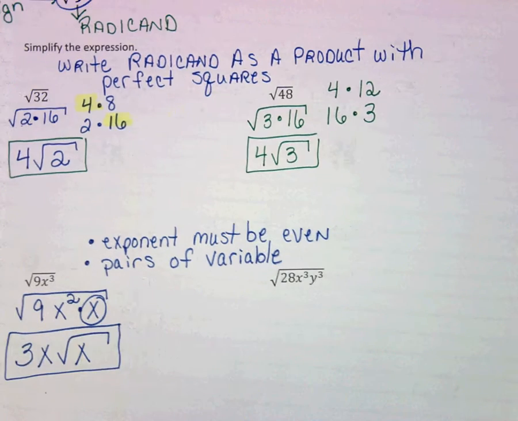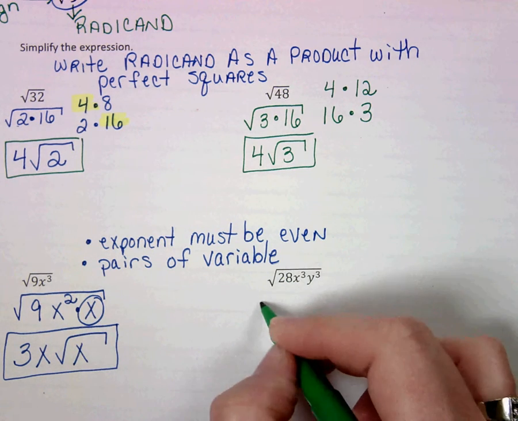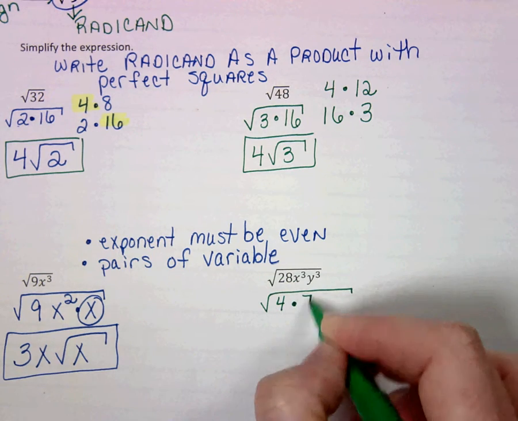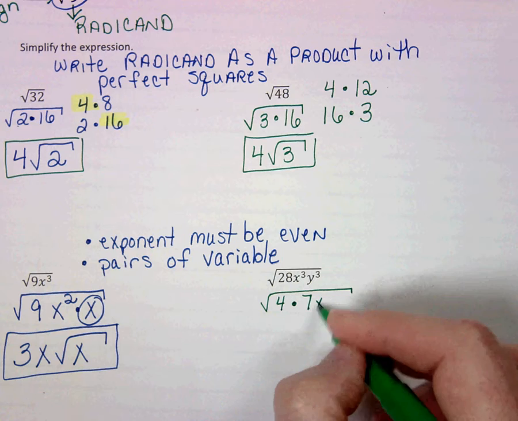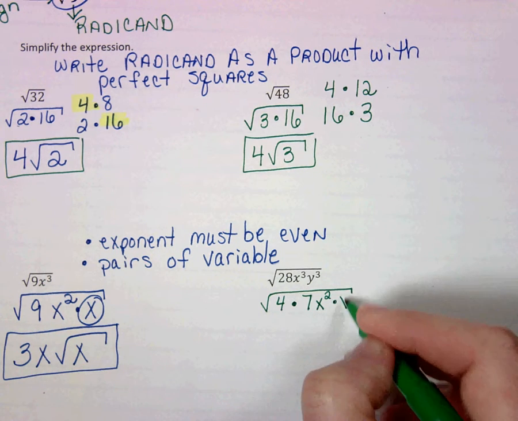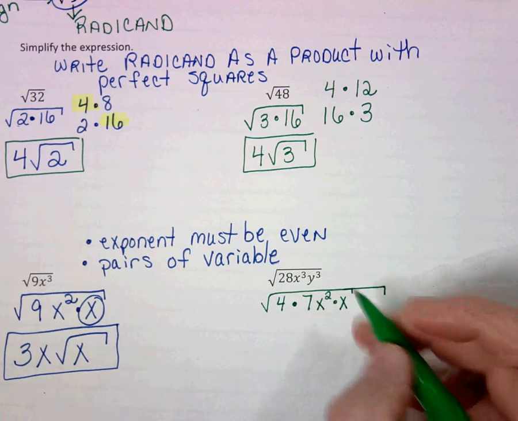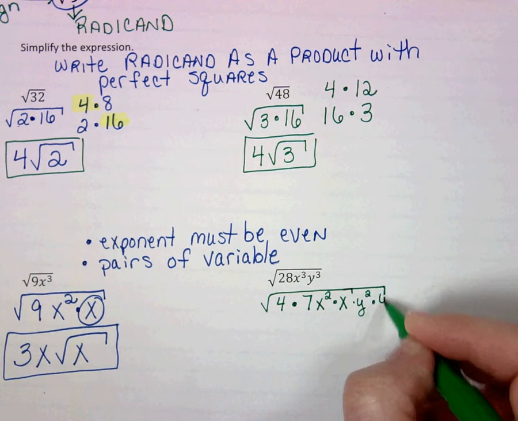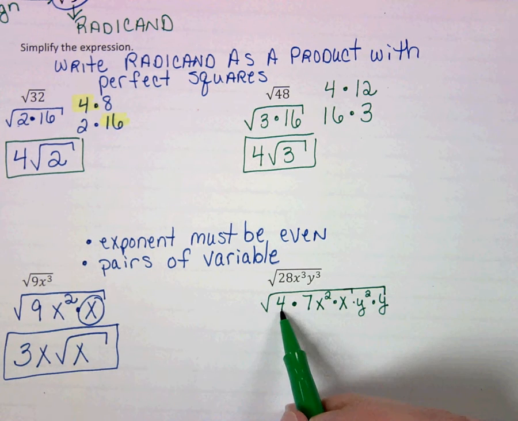Okay, let's look at the next example. 28, thinking about our perfect squares, would factor to 4 times 7. We have x cubed, so x squared times x. And I didn't make my radical sign big enough. And then y cubed, y squared times y. So let's look at my perfect squares. I have 4.